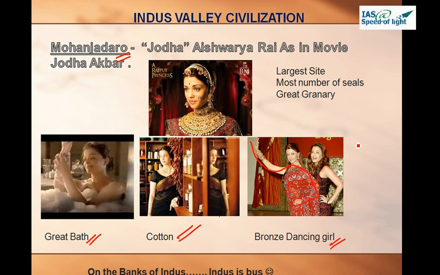So this is the largest site, with the most number of seals and one great granary. But this is contended by Indian archaeologists recently. They have found one site, Rakhigarhi, in the state of Haryana, which they say is the largest site excavated till now for Harappan civilization or Indus Valley civilization.